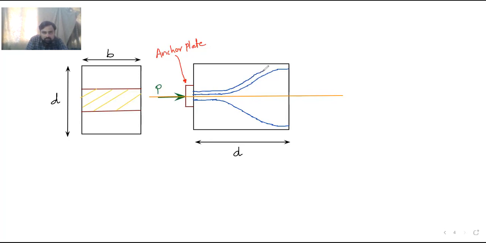Then it will start spreading like this. You draw the diagram with accuracy. This is the compressive stress concentration due to which the bursting forces are getting developed in the beam.